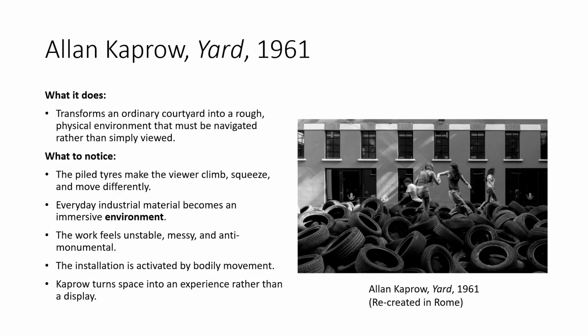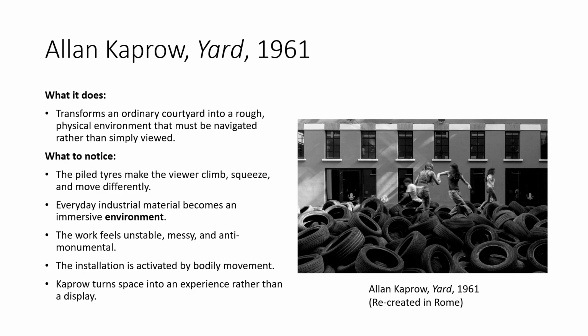The first thing to notice is bodily movement. The tires force viewers to climb, squeeze, and shift their balance. That means the installation does not just occupy space, it reorganizes the viewer's body in space. Second, the material matters. Tires are everyday industrial objects, not traditional sculpture materials. Capro turns something ordinary and functional into an immersive environment.